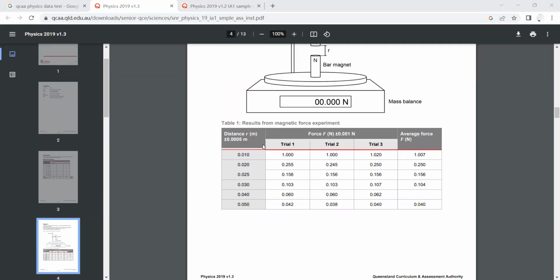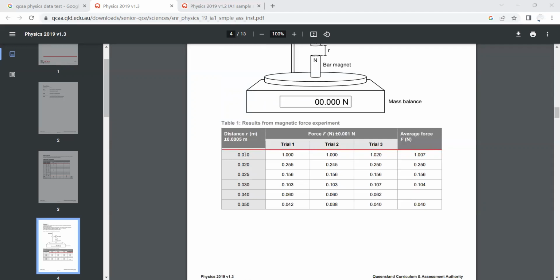And they have done a list of experiments, and then they show the results in this table. The first column is the distance r, the second one is force, and the last column is average force. For the first one, they have done three trials: trial 1, 2, and 3.